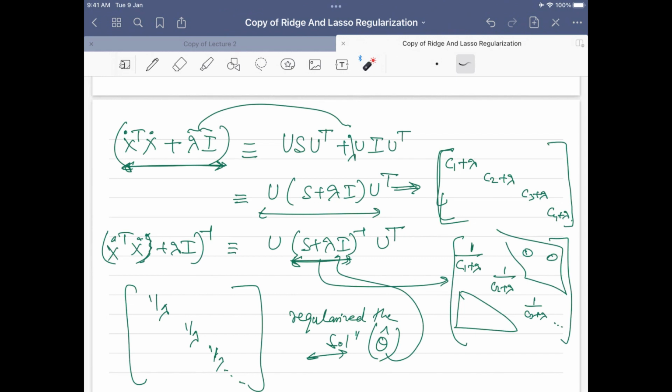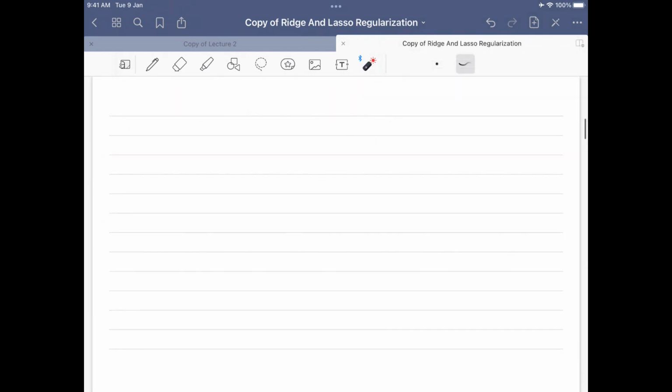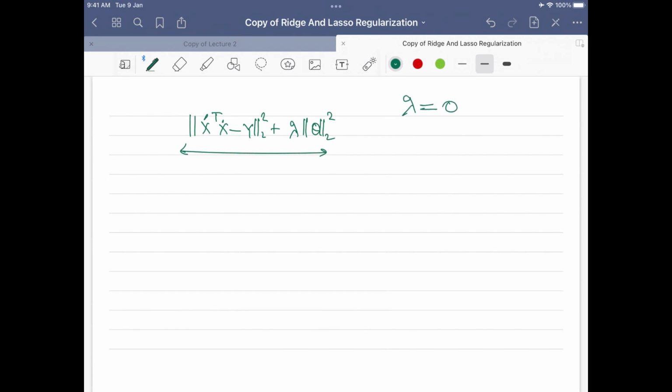Let me show you the cost function now. The cost function is basically the norm of x transpose x minus y, squared, plus lambda times this thing. So this is the cost function that you have. There are two extremes: one is lambda equal to 0, another is lambda equal to infinity.